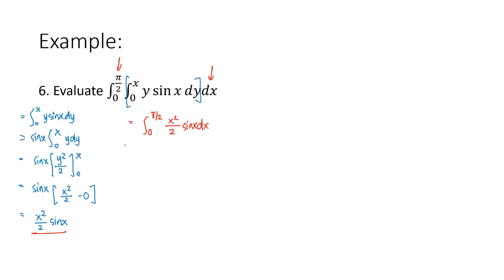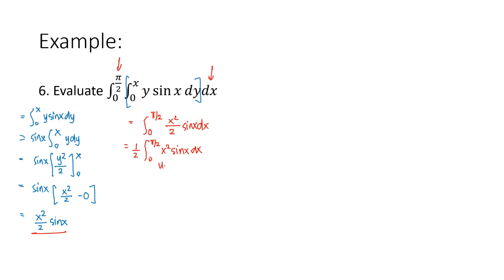1/2 is constant. We can put that out. So what is left here is x squared sine x dx. So as you can see, they are both different. So we cannot integrate them directly. So we'll be using integration by parts here.